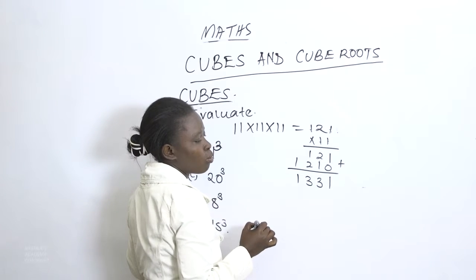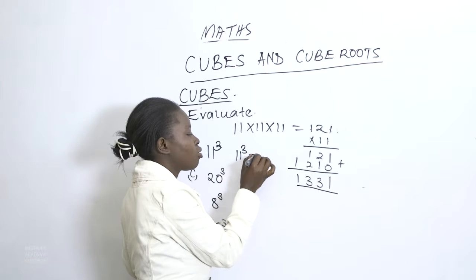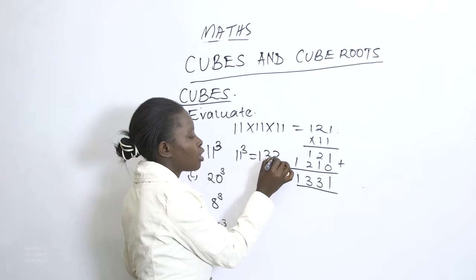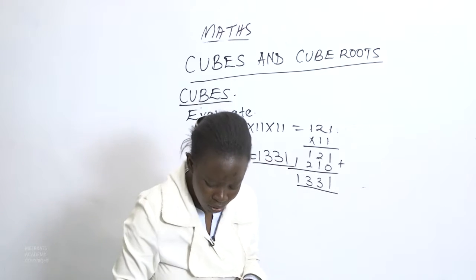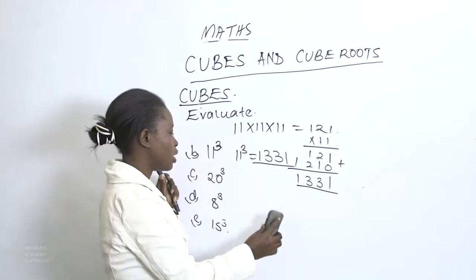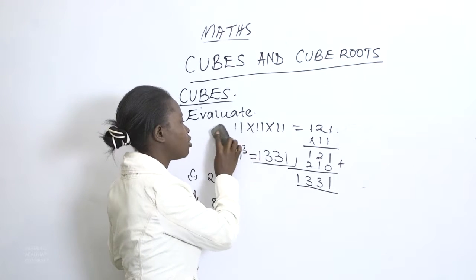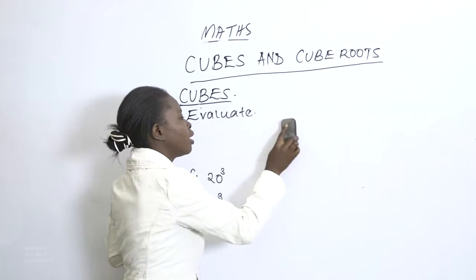Then this is 1. So it simply means 11 cubed is 1,331. So 1,331 gives us the value of 11 cubed, or it is the cube of 11.